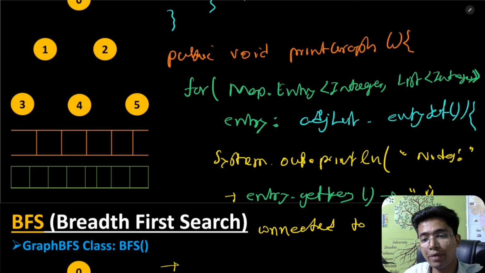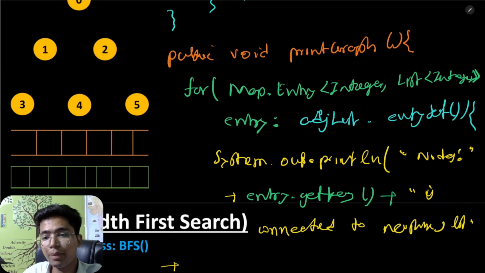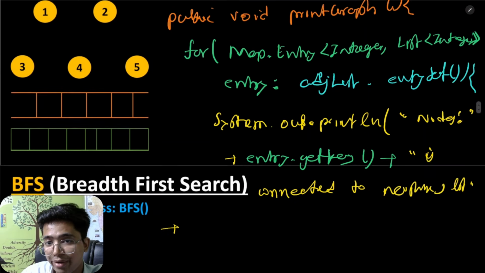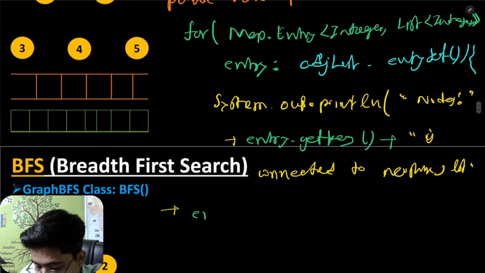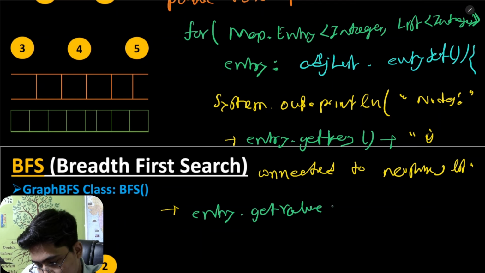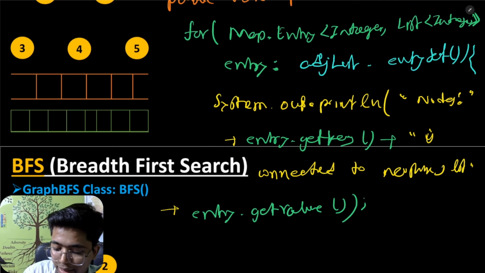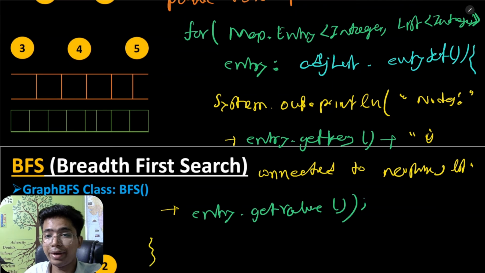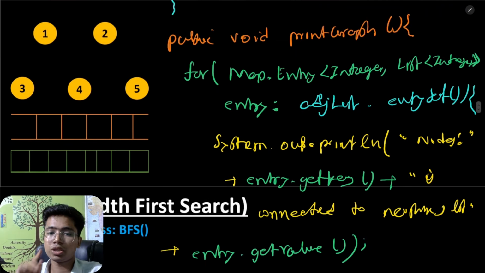Once we apply entry.getValue, it will automatically provide us all the values. So this will run and all the elements will automatically get printed out. This is just one line of code.